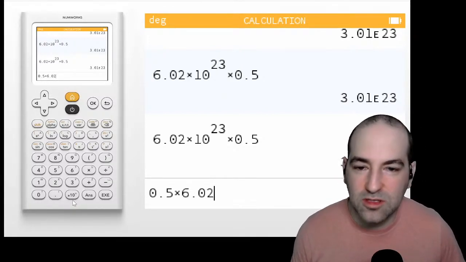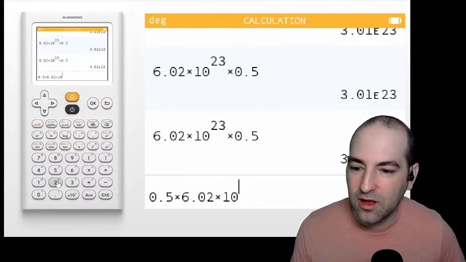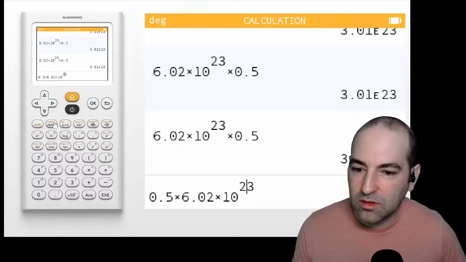You can use as many decimal places as you want there, times 10 to the 23rd, and then times 4.